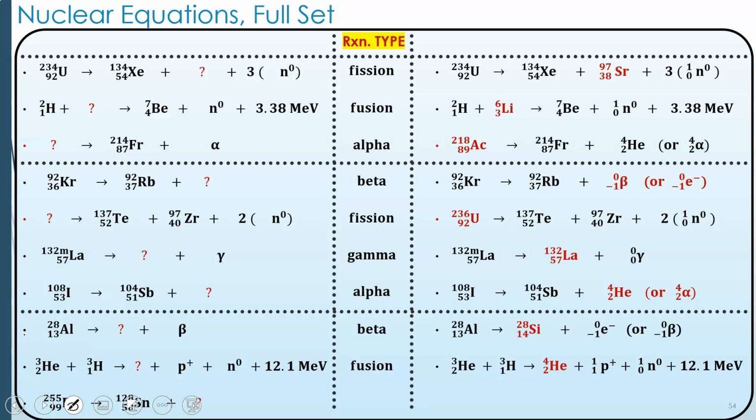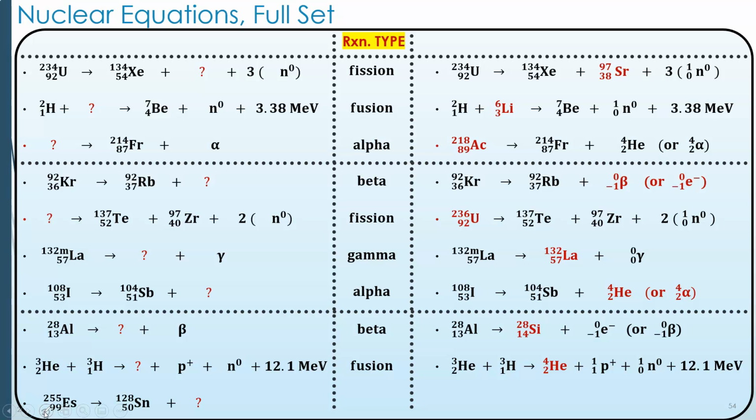And then the last example is a little hard to see here. We've got Einsteinium-255. Einsteinium, named for Albert Einstein. In this case, it undergoes a reaction to produce tin, that's Sn, tin-128, plus some unknown isotope.